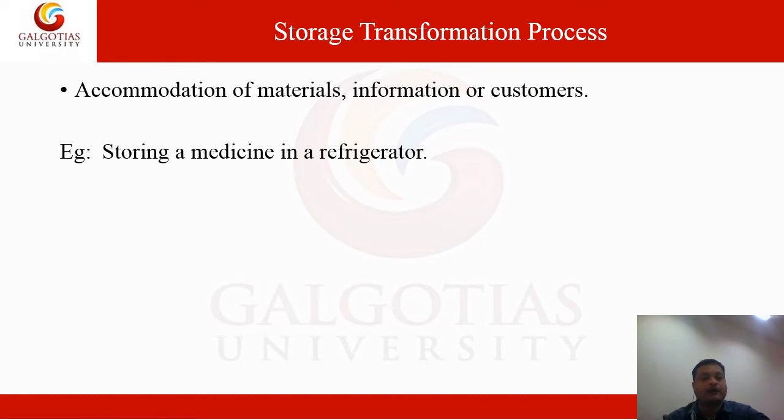Whenever accommodation of the material, information or customers in some particular place takes place, that transformation we call the storage transformation process. As an example, you store a medicine in a refrigerator for some period of time.